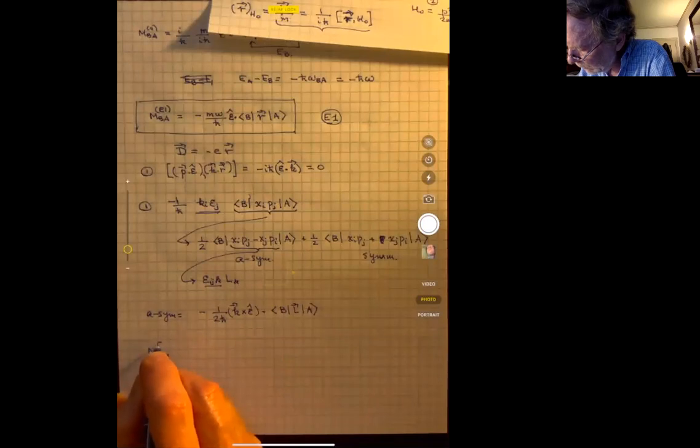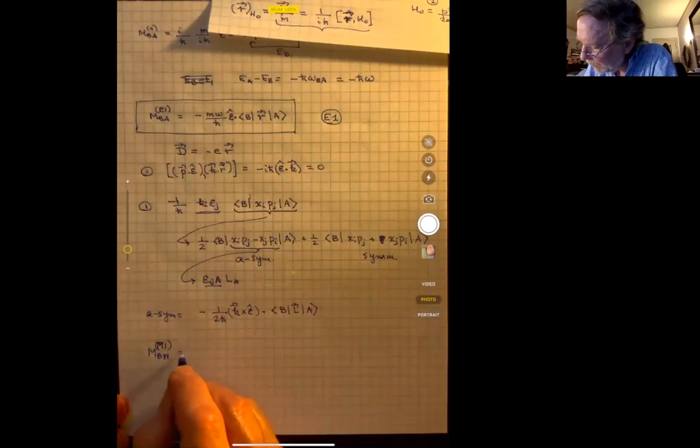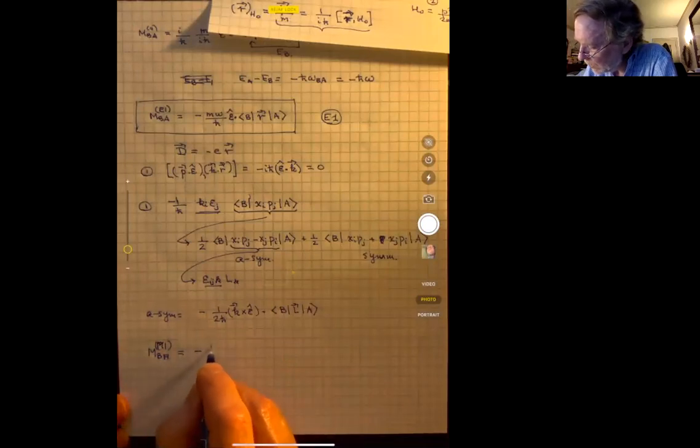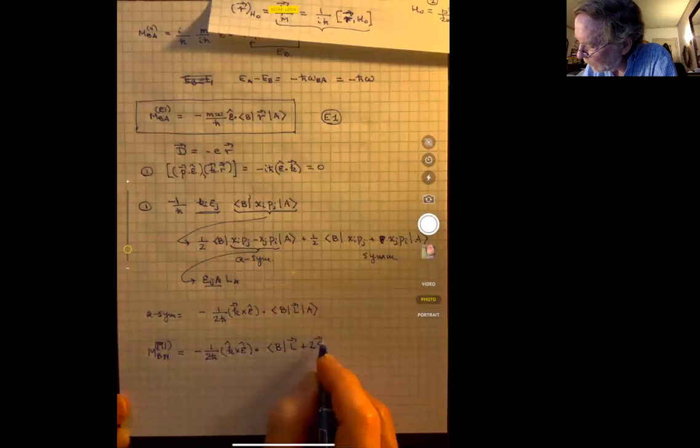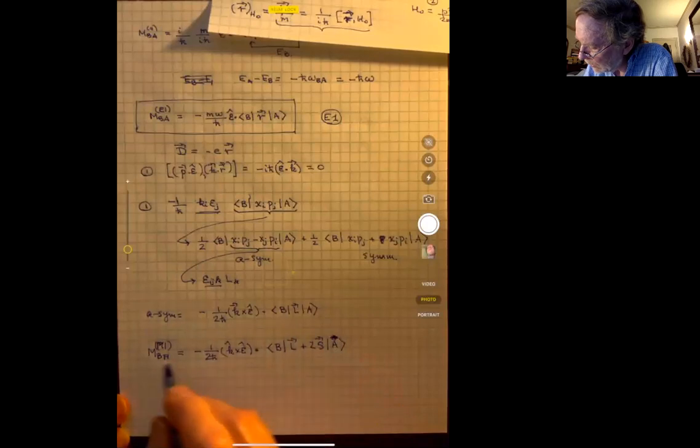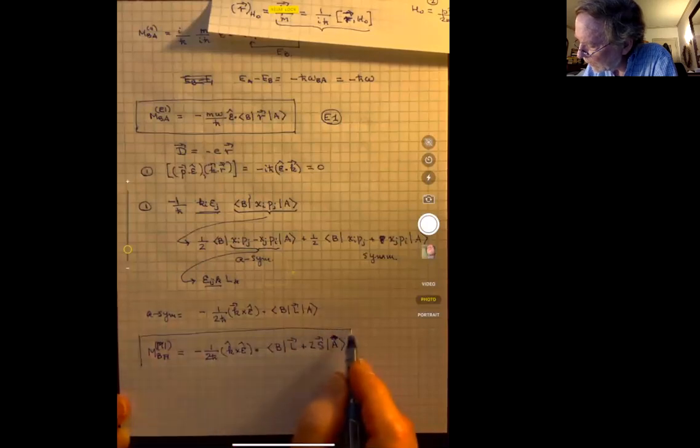Let me write it this way: M_BA^M1. The M1 means magnetic dipole. And this becomes minus 1 over 2 h bar times k hat crossed into epsilon hat dotted into the matrix element between B and A of L plus twice S. There we go. This is the magnetic dipole, or M1, contribution to the matrix element.